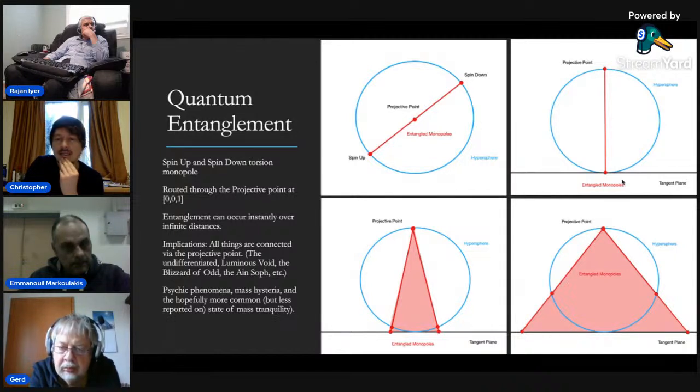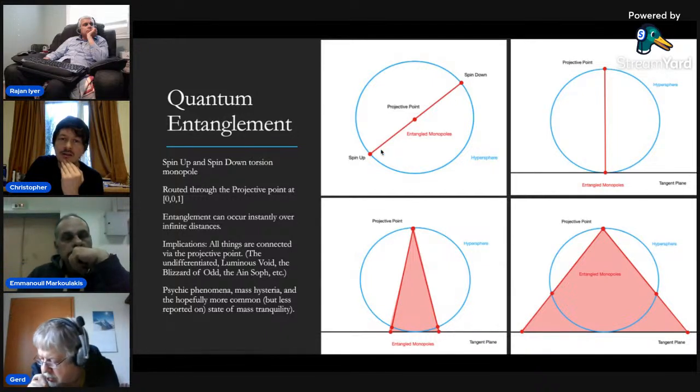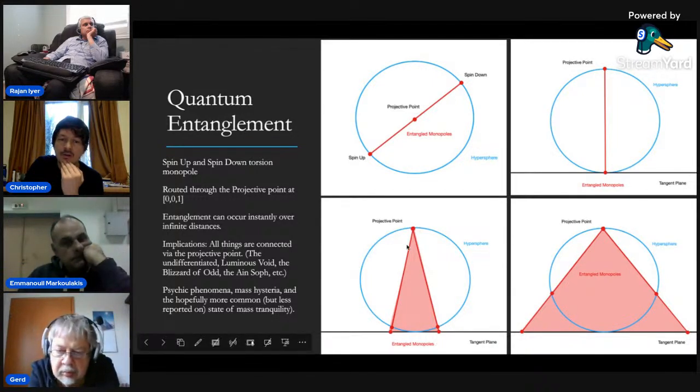But if we want to consider a particle like a photon or an electron, and we beam split it to create an entangled pair, what we can do is route the projective point at the center back up through to the North Pole. So then when we split the two electrons, we see that instead of the line going through, it has to go up and then back down.